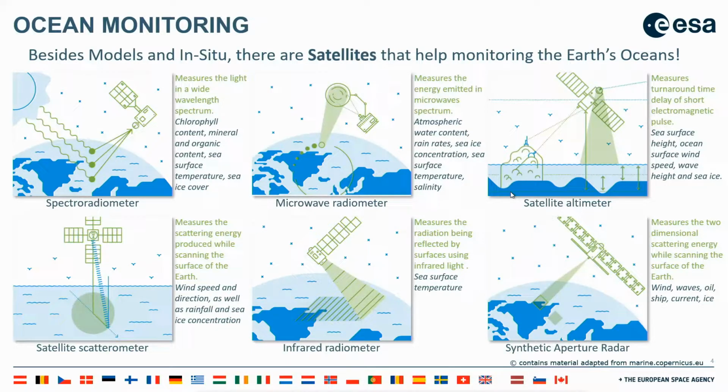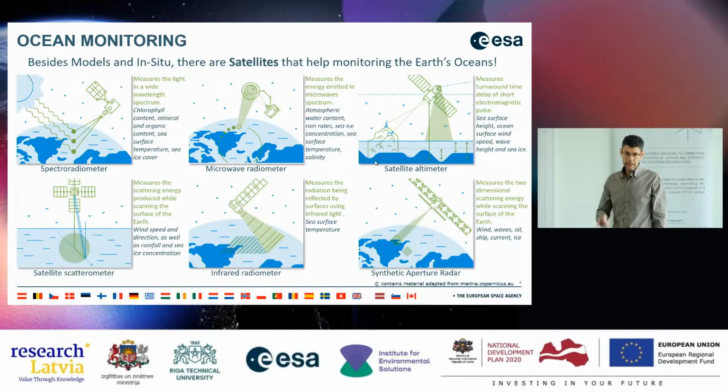We have the microwave radiometer, which measures the energy emitted in the microwave spectrum, commonly used for sea surface temperature, atmospheric water content, salinity, and so on. Then we have the altimeter, which measures the turnaround time delay of the electromagnetic pulse, and in this way you can measure the sea surface height, ocean wind direction, and waves.